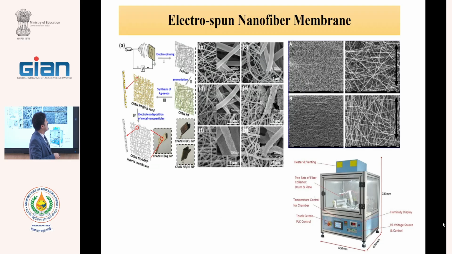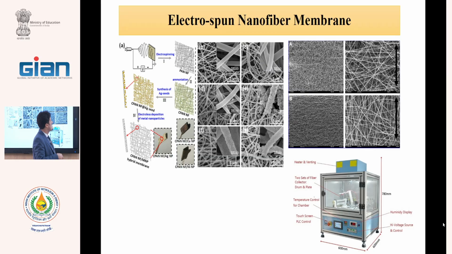With the addition of any additive, any nanoparticles, any new monomers, new polymers to the polymeric solution of phase inversion or electrospinning, we can produce, for example, nano-composite membranes.